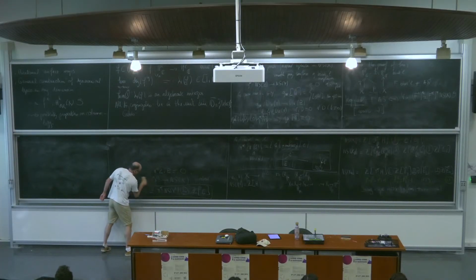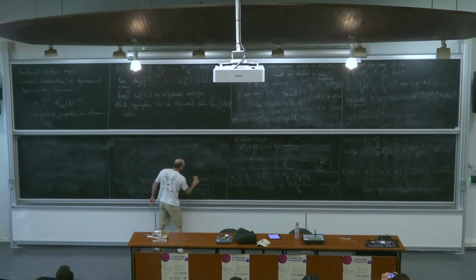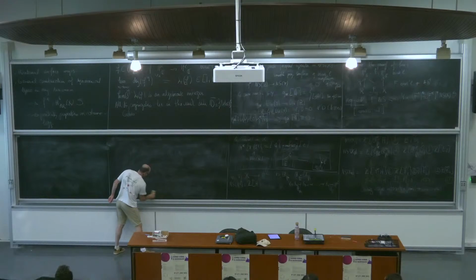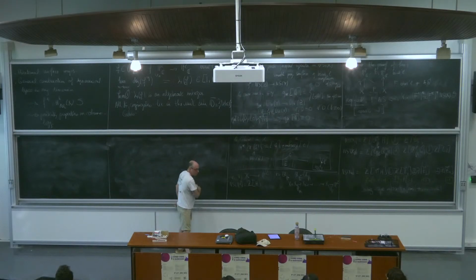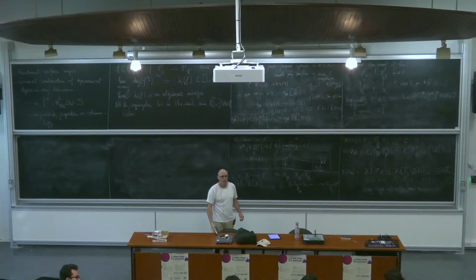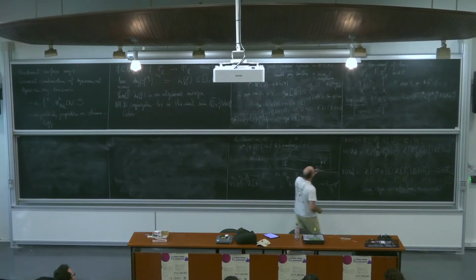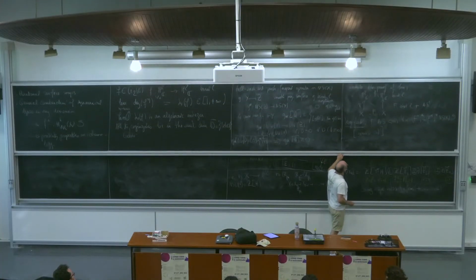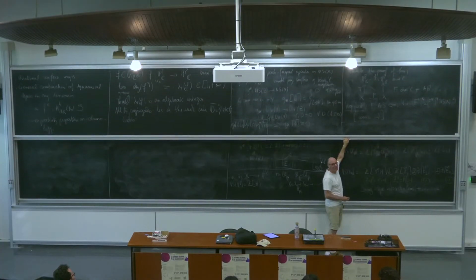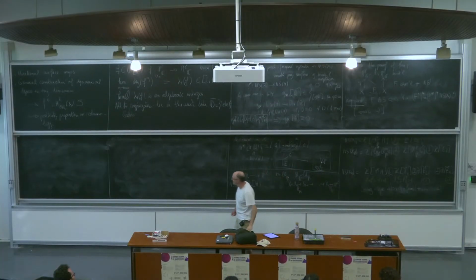Let me show that lambda 1 is an algebraic integer. I didn't define F star, just before the key fact. So let me define F star.